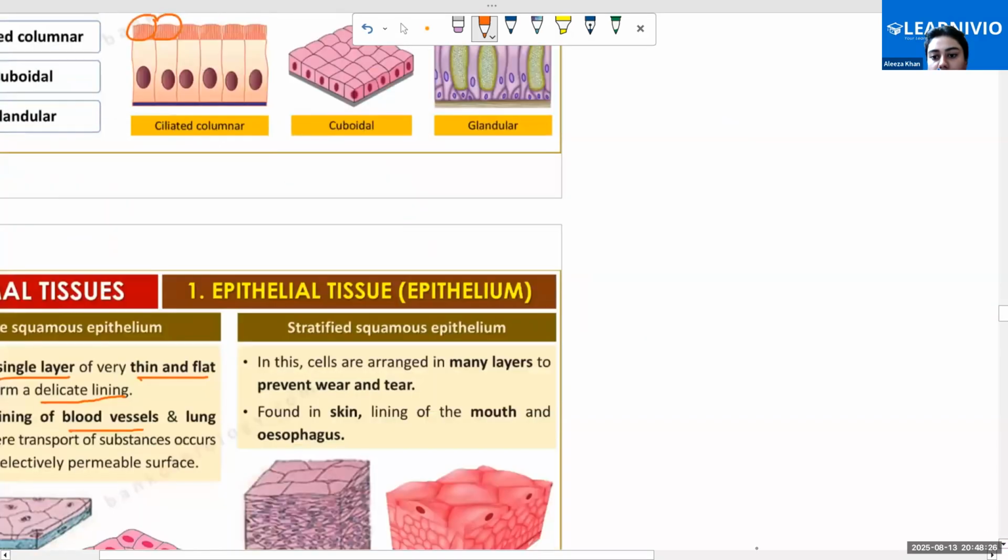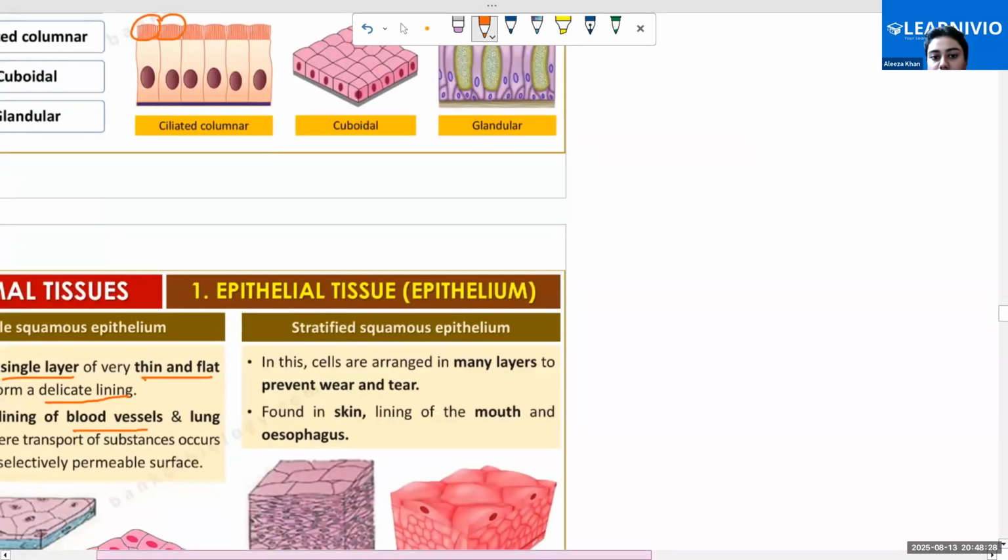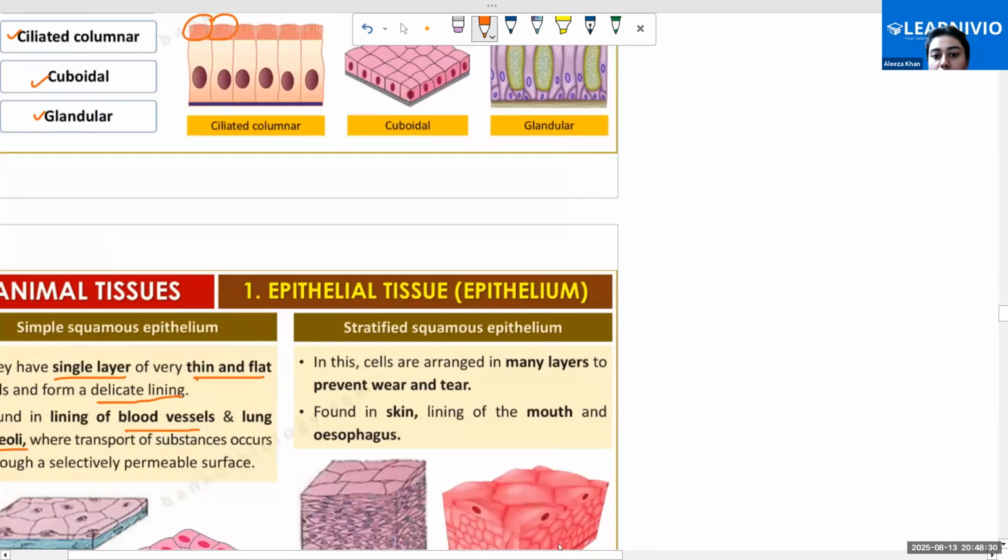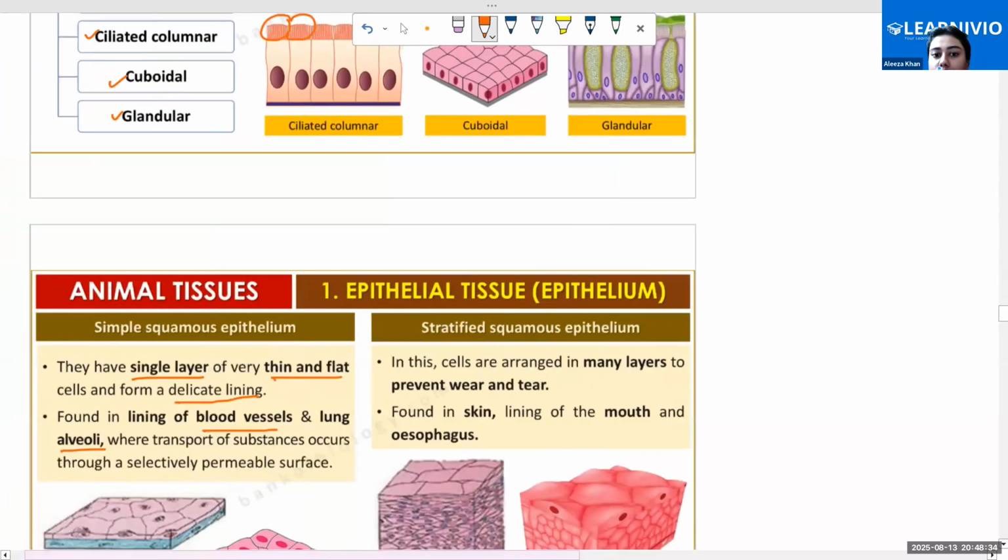Now, what could be the requirement of these tissues? Since they are layers, they must be having the transport mechanism of materials across them. This we have already done. Since they have the layers, they are selectively permeable, so they must be required for the transport of substances across them.